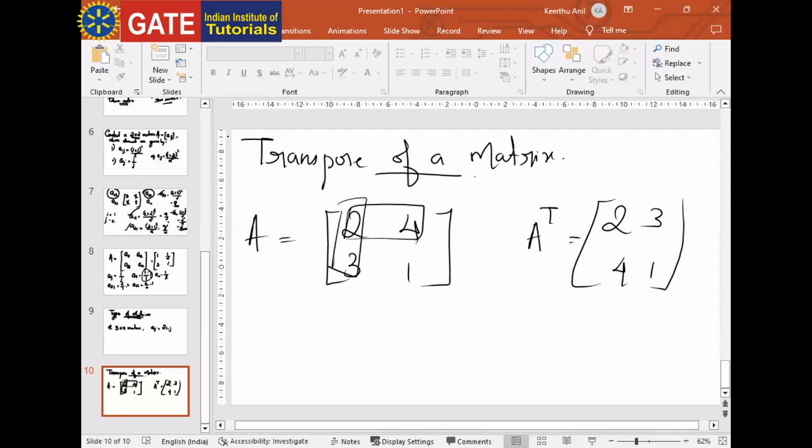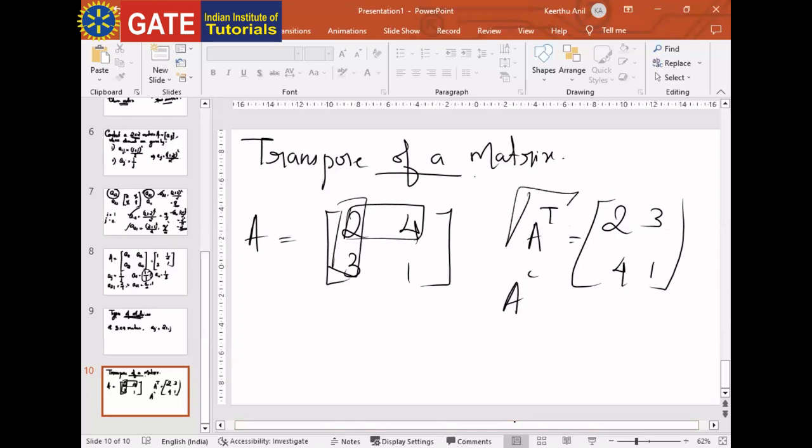Okay. So it is basically interchanging the rows and columns, right? If we interchange the rows and columns of the elements, that is called the transpose of a matrix. So A transpose can be written as A superscript T, or you can write it as A dash. This also means A transpose.